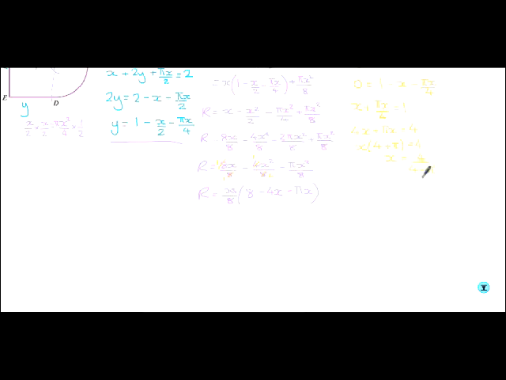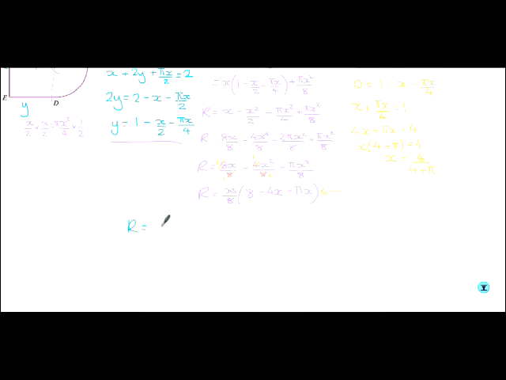It's not going to be a nice answer, but you might want to store it as a letter in your calculator, and just use that letter and type in this equation for r. Okay, but we've got it written here. So what I'm going to do basically is take this value and write it in all of these places. So it's going to get pretty messy.